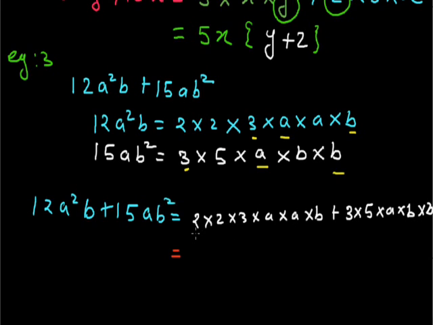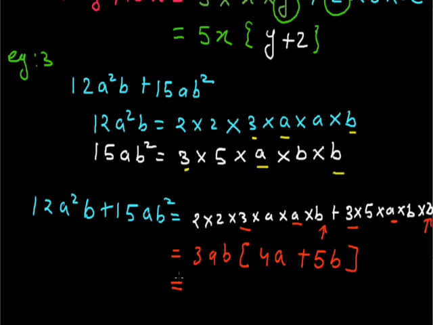The terms common in both are 3, a and b. Taking 3ab common from the first term, the remaining terms are 2 into 2, that is 4, and a. Taking 3ab common from the second term, the remaining term is 5b. Thus, the factors of 12a square b plus 15ab square are 3ab, 4a plus 5b.